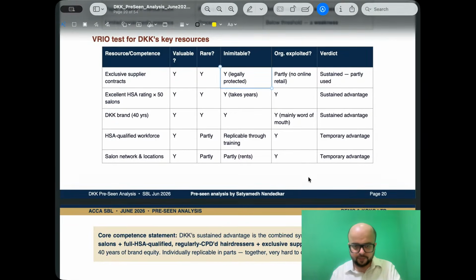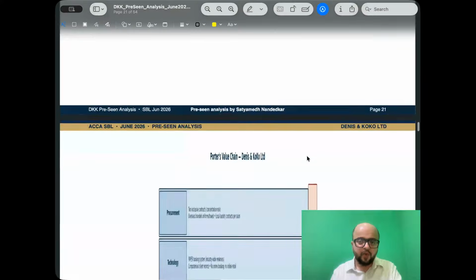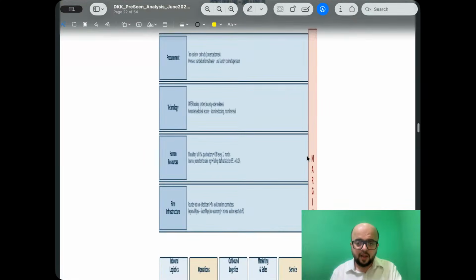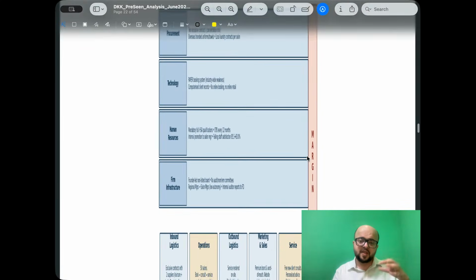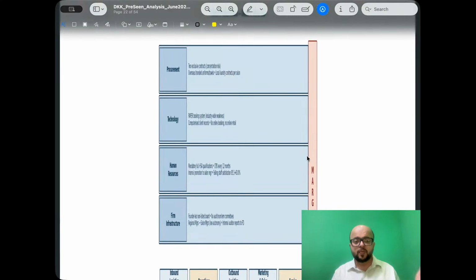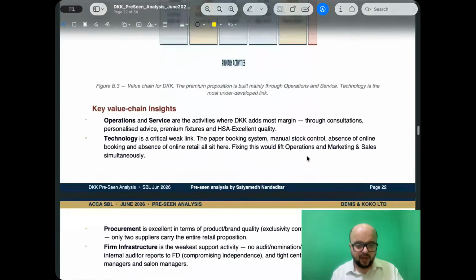Chalo. Porter's value chain. In Porter's value chain, there are primary activities: inbound logistics, operations, outbound logistics, marketing and sales, service. And then you have the supporting functions, which are procurement, technology, human resources, and the firm infrastructure.